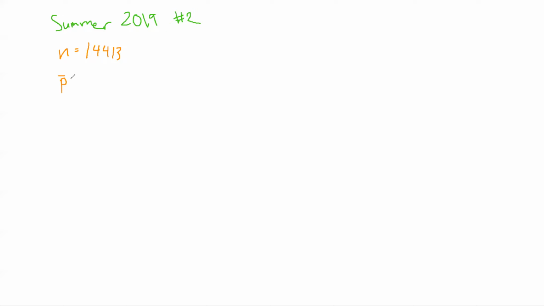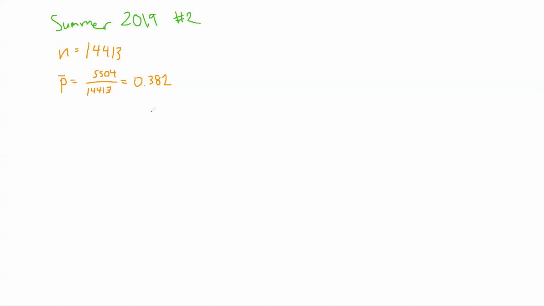P-bar, which we don't have, is just going to be found by taking that 5,504 and dividing by the 14,413 that had the virus. So this comes out to be 5,504 divided by 14,413, 0.382. Okay, so 0.382 is the proportion of people who died from Ebola.